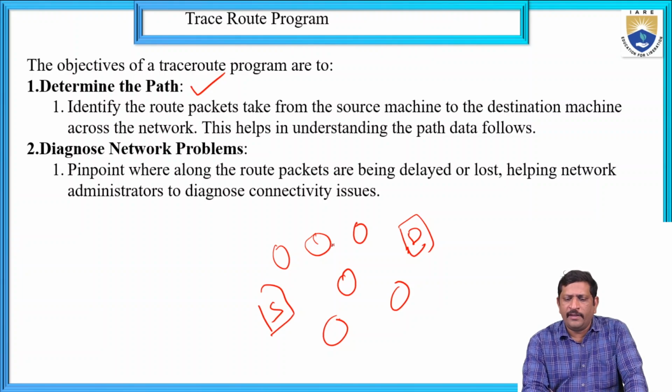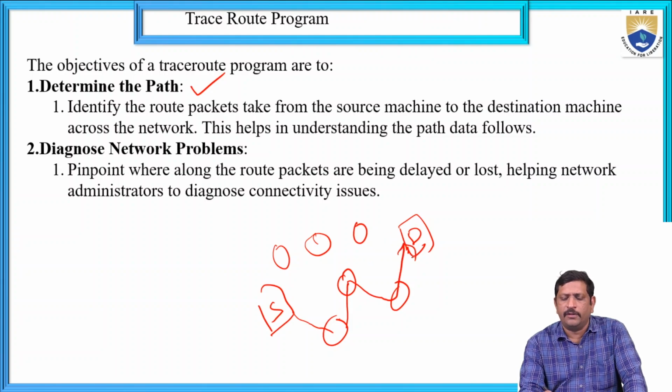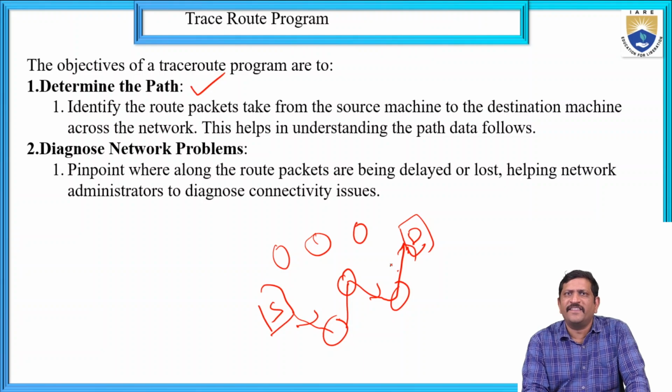It finds the best path, the shortest path for reaching the destination. While finding the best path, it identifies the route of the packet from the source machine to the destination machine across the network.